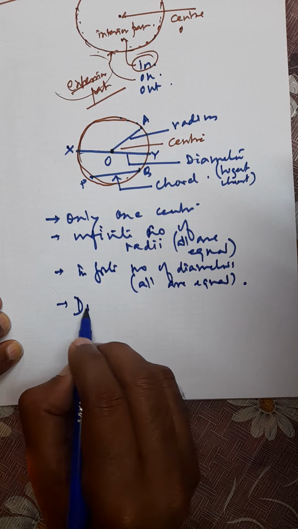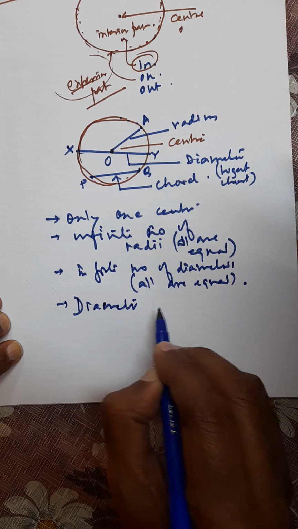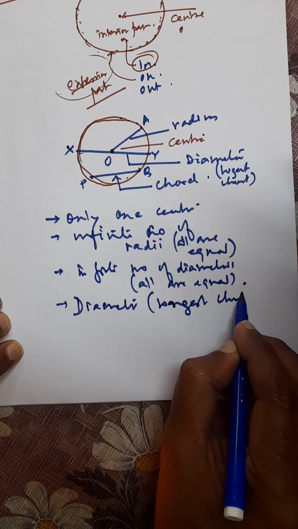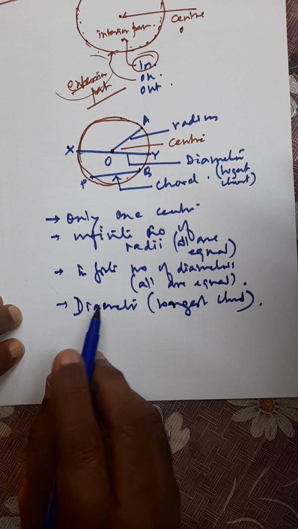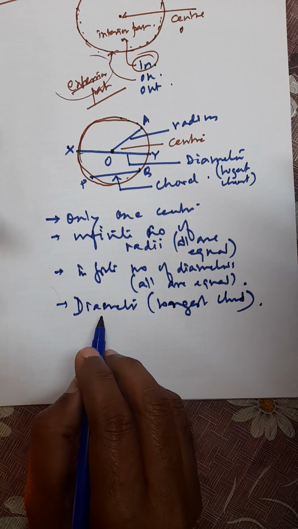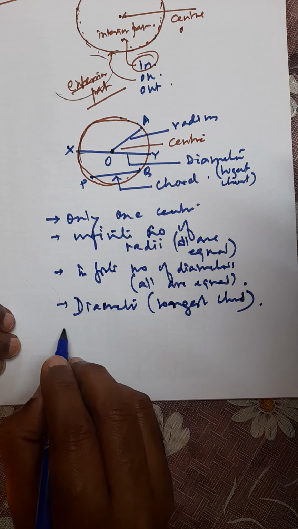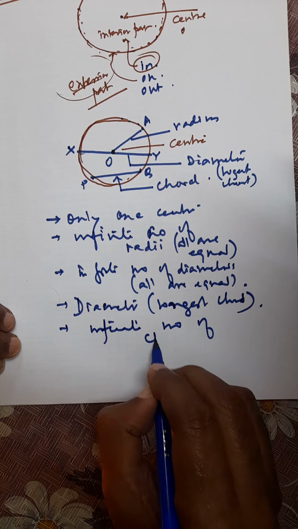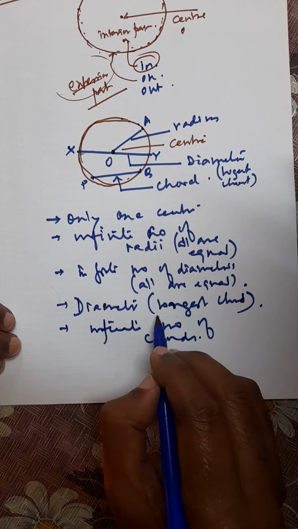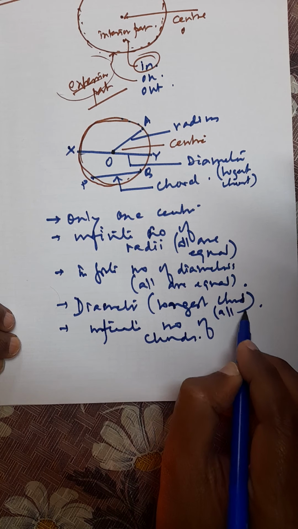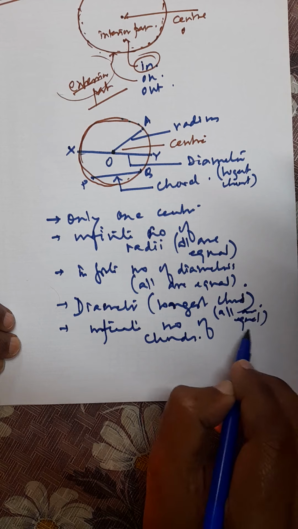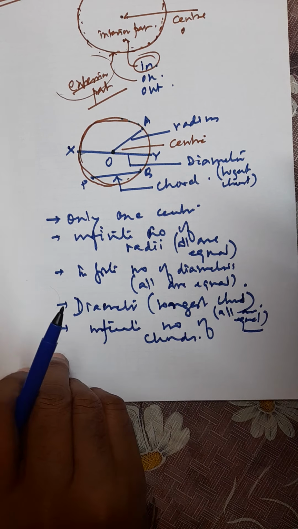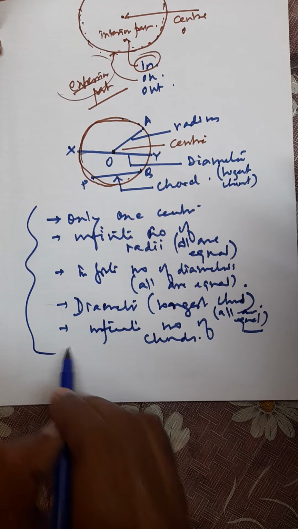Diameter is also the longest chord. Infinite number of chords we will get. All diameters are equal. So these are the basic concepts we learned in earlier classes. All these points you have to remember.